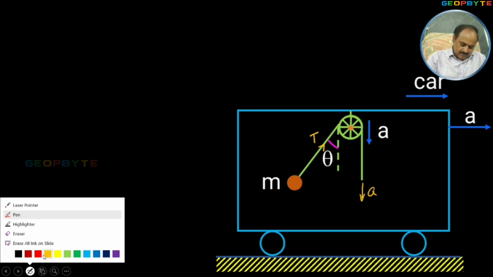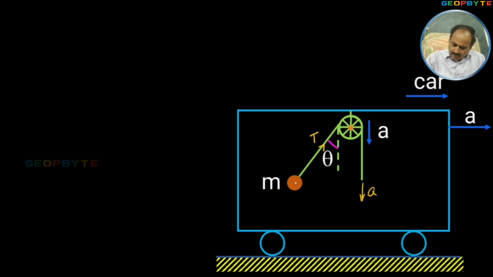For that, look at the weight of the bob vertically downwards. And as you know, this is the ma. The net acceleration is developed along the string, that is A net.